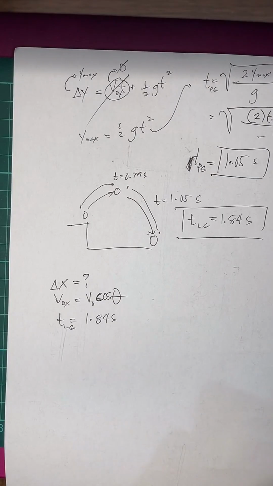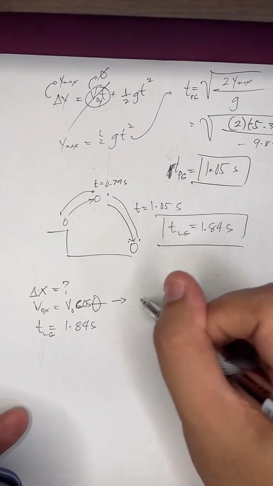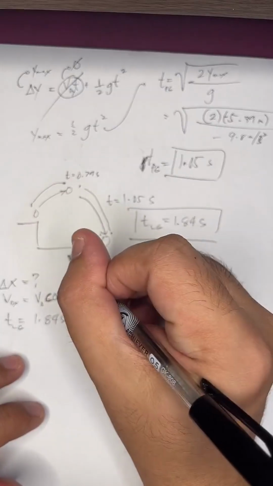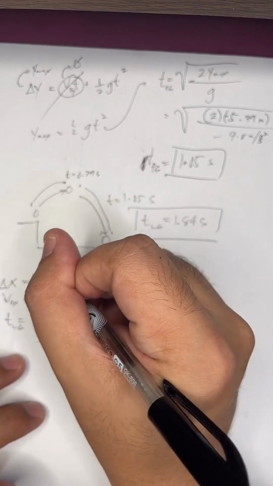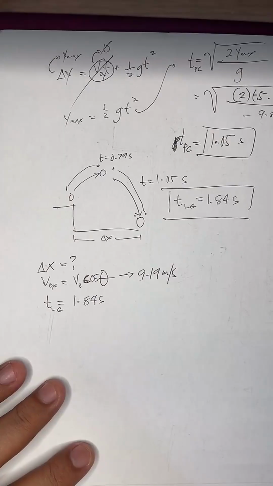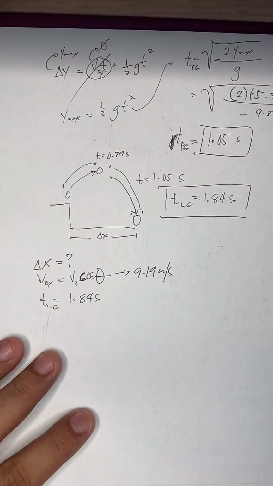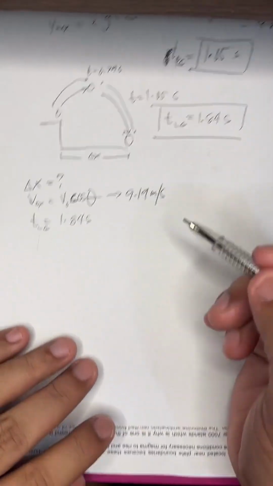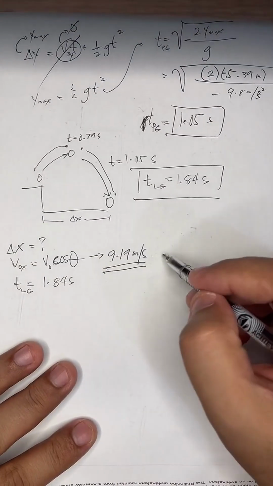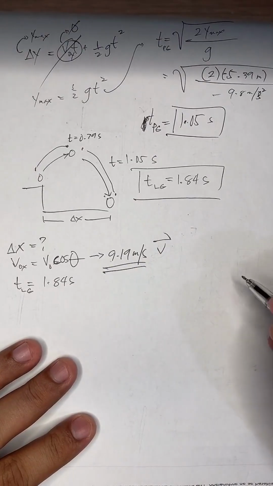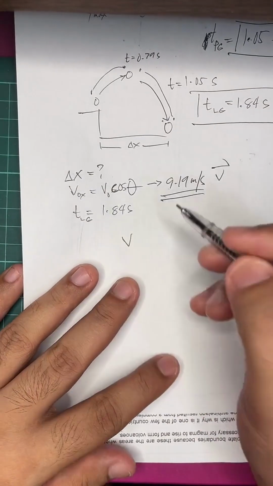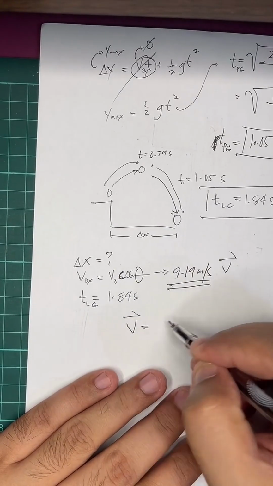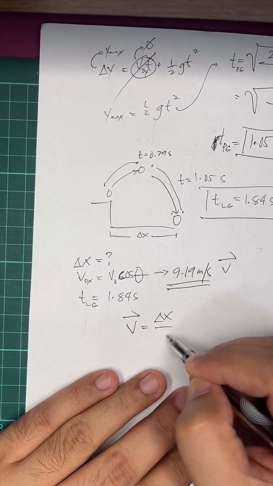First calculate: 12 cosine theta is 9.19 meters per second. To find x or delta x, the range, we know that horizontal motion is constant in projectiles. Therefore, we can treat 9.19 meters per second as the average velocity in the x direction. We can use the formula V equals delta x over t.